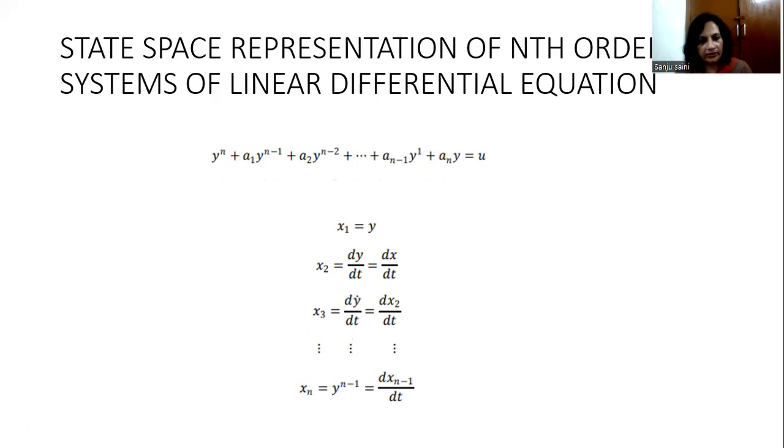Similarly, the nth state variable is the (n minus 1)th derivative of y. So x1 is equal to y, x2 is equal to dx1 by dt, x3 is equal to dx2 by dt, and similarly xn is equal to dx(n minus 1) by dt.